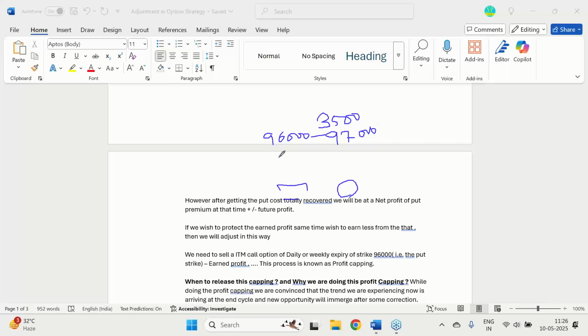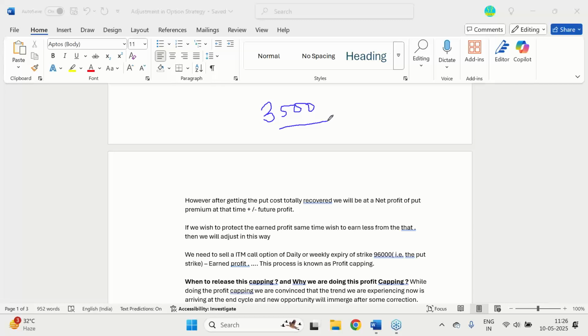So I am telling you, you sell some 96,000 call option of weekly, or you can sell one 95,000 call option of weekly, which will give me a 3,500 premium, or some other strike which is just giving me 3,500 earned premium. Whatever I have earned so far, I am going to cap it, but still participate in the market. So 3,500 put option is still there.